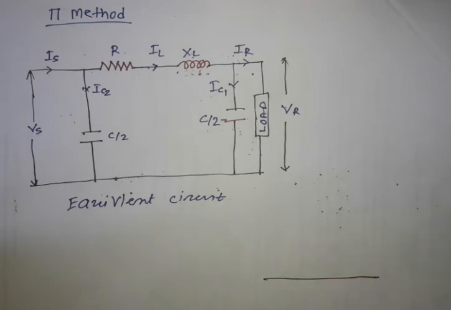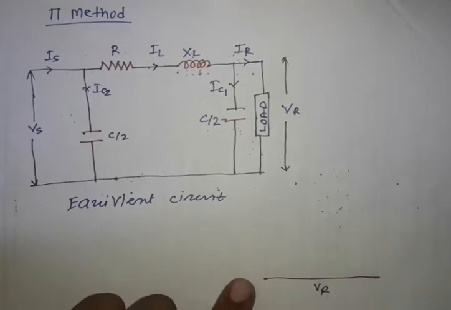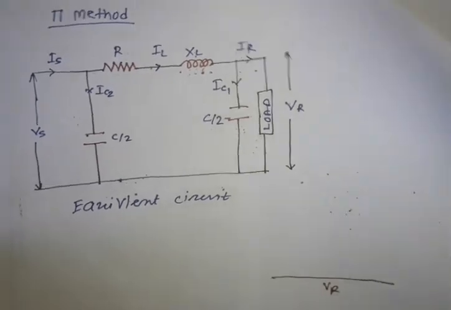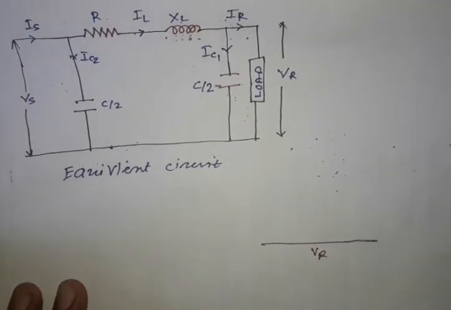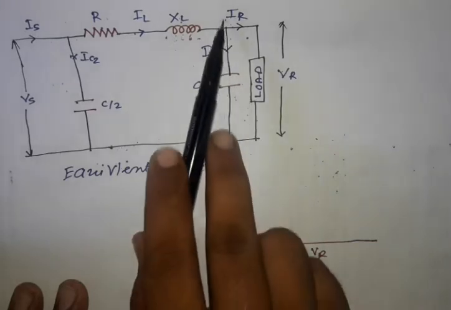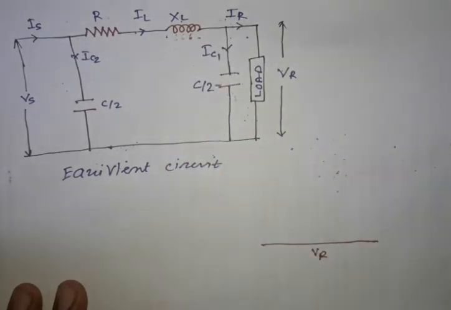Now current IR will be flowing on the receiving end side, and the power factor angle phi r is the angle of power factor of the receiving end side. So we take the phi r angle and draw line current IR.